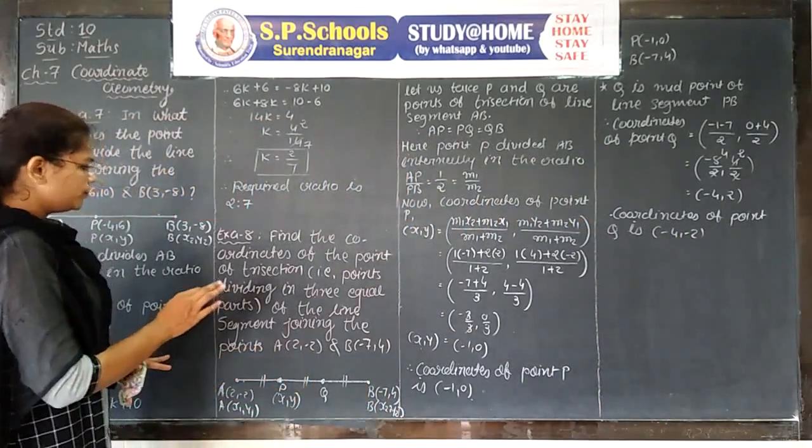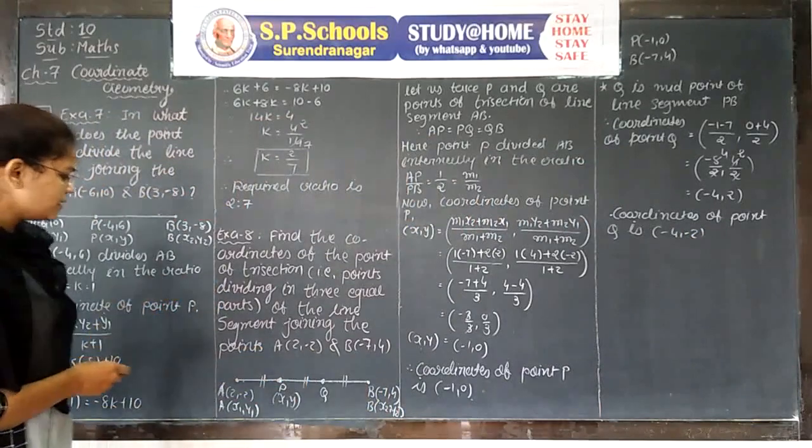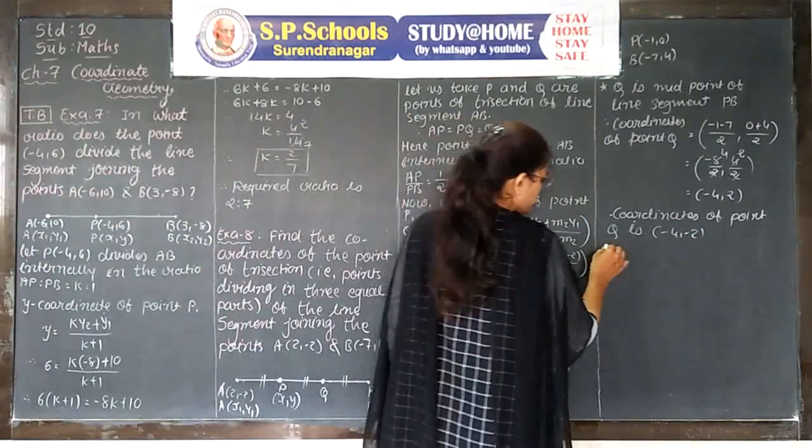Find the coordinates of the points of trisection, in which the line segment is divided into 3 equal parts.